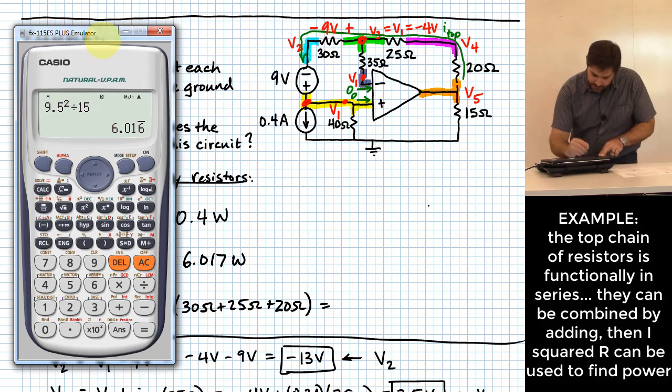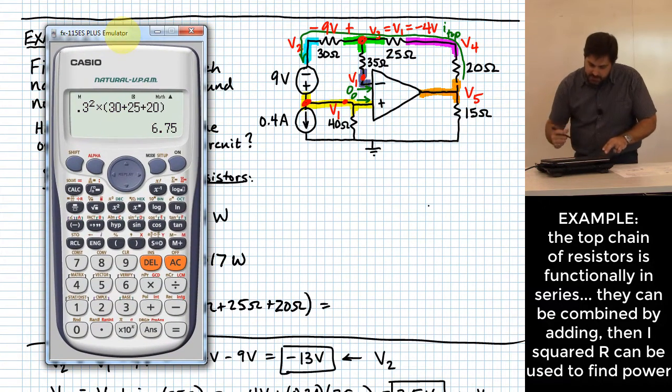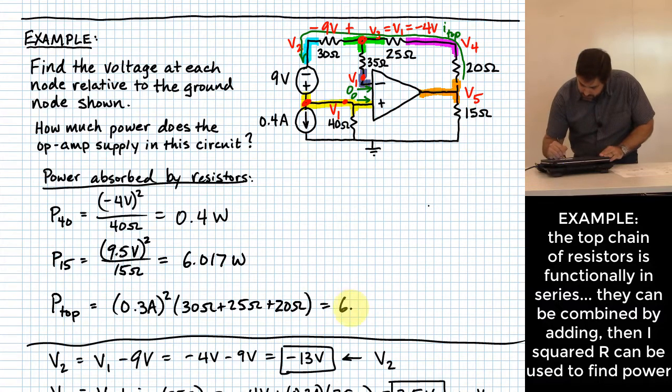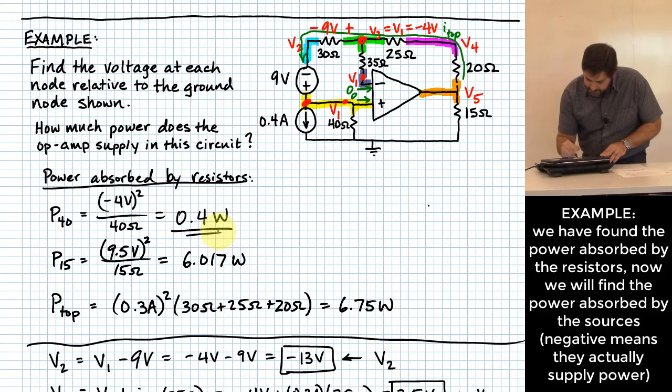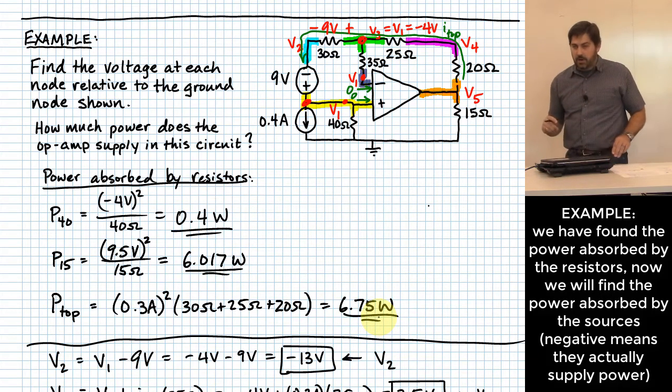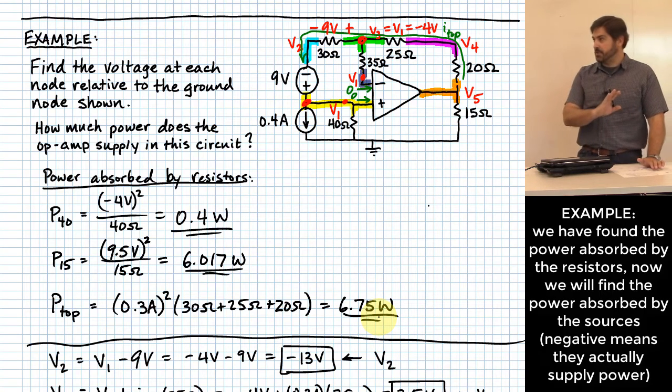And when we punch all of those in, we will have 0.3 squared times 30 plus 25 plus 20. And that would give me 6.75 watts. Okay, so these are kind of some intermediate results because this is how much power we are absorbing, and I think that takes care of all of the resistors.